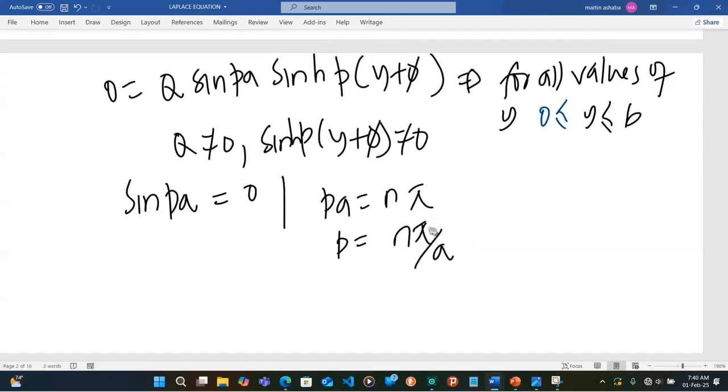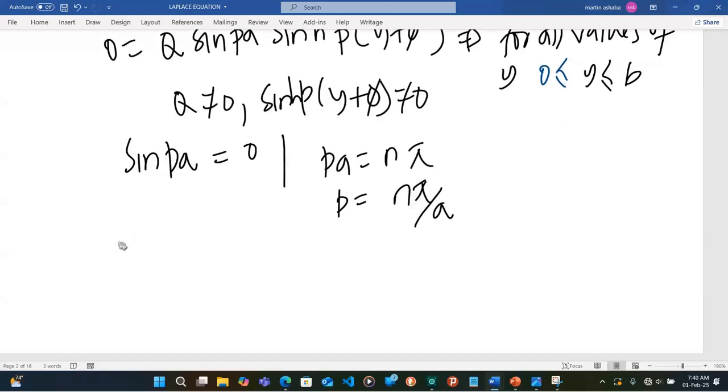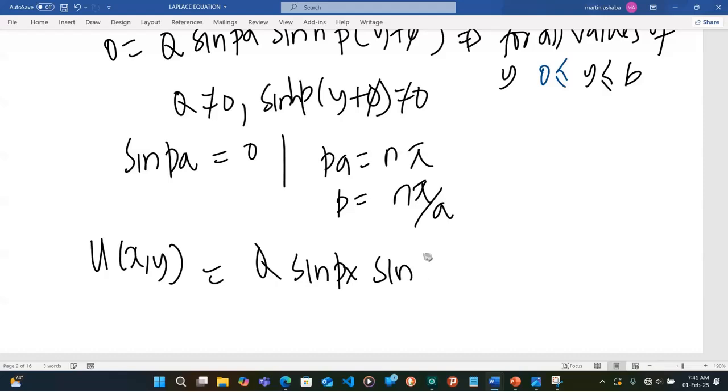So for that matter, what we can do is go back and substitute in u(x,y) is equal to Q sin px sinh p(y + phi), and we are saying this is going to be our solution for now.